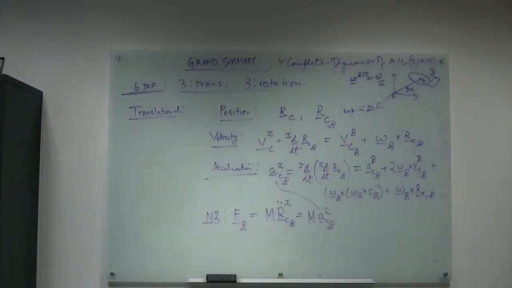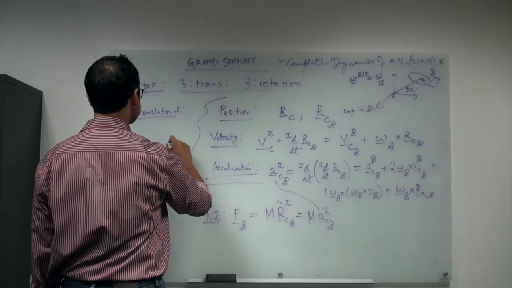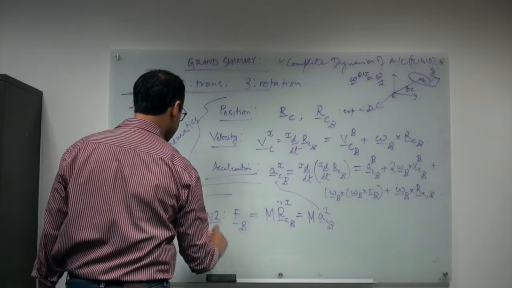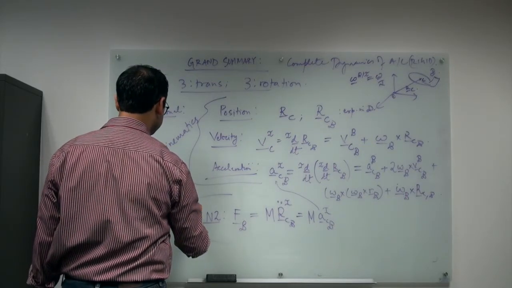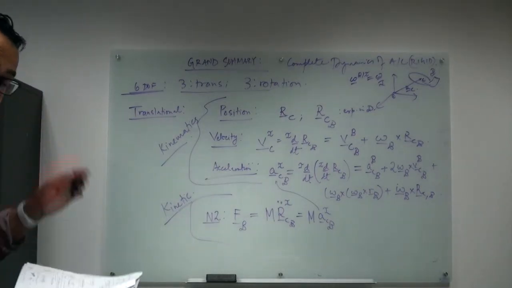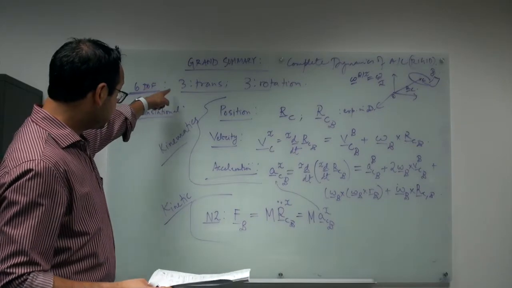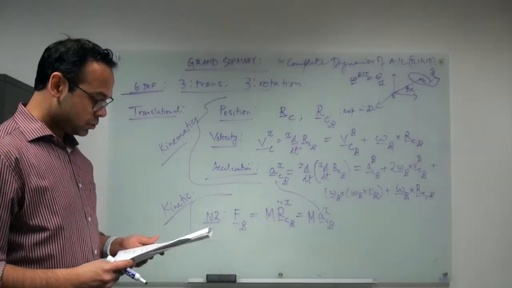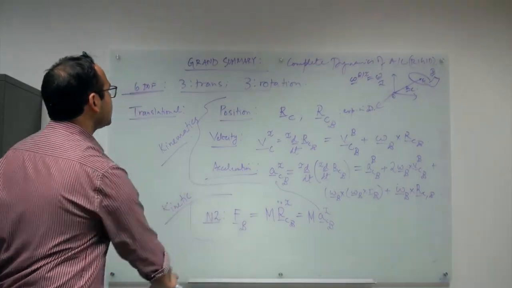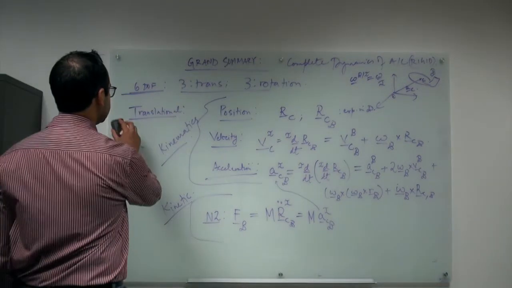Okay. So this is kinematics. This is kinetic equation. Each of these vectors have three components, and therefore those are the 3 degrees of freedom of translational motion. Okay. So that's the 3 degrees of freedom associated with translation.